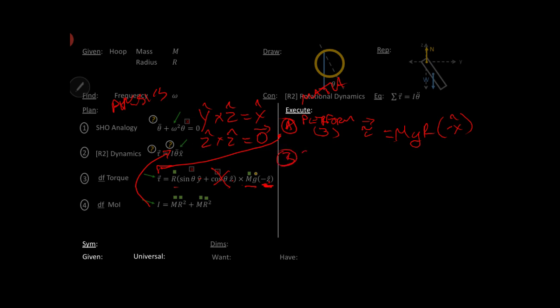So let's substitute a and 4 into 2. All right, so that means a is, oops, I forgot the sine theta. Sine theta is important. mgr sine theta is equal to, and there's a minus sign there, 2mr squared theta double dot, the angular acceleration. It's supposed to be a square.